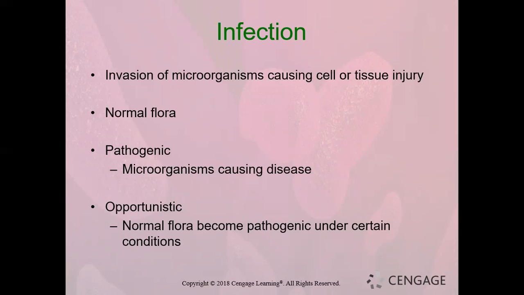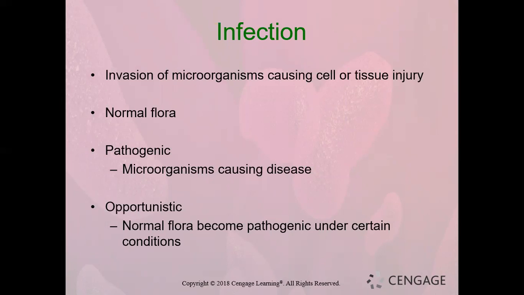Yeast is normal, but when you kill off the bad bacteria that you're trying to kill, like a strep infection, let's say, it's also going to kill off other bacteria, and you need a good versus bad bacteria balance. Otherwise, things tend to overgrow. So when you kill off bacteria, in some women yeast will overgrow and they'll get a yeast infection. So it can be caused by things that are normal in our body.